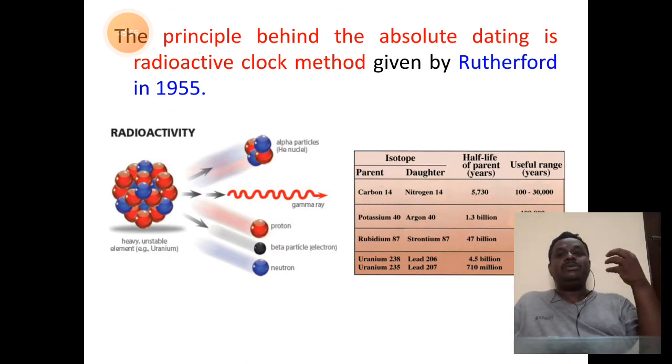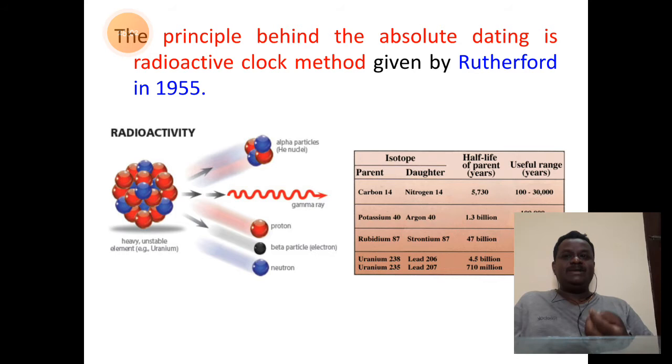This radioactive decay of radioactive elements is generally called the radioactive clock method. It is the principle involved behind the absolute dating process. It was given by Rutherford in 1955.